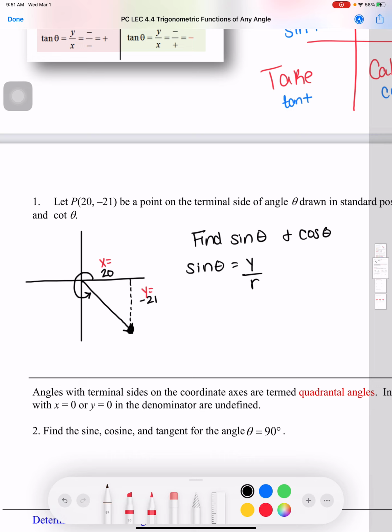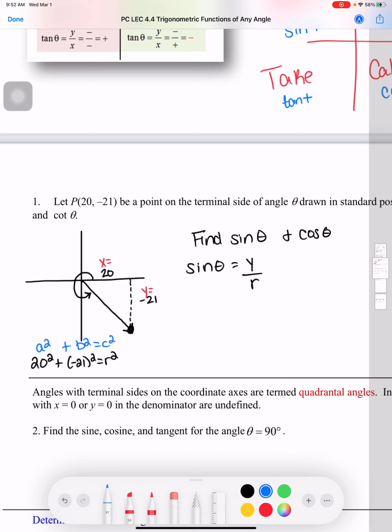So I can come down here at the bottom and say that x squared plus y squared must be equal to the radius squared, because remember our Pythagorean theorem is a squared plus b squared equals c squared. I'm using the same idea, just changing the variables a little bit.